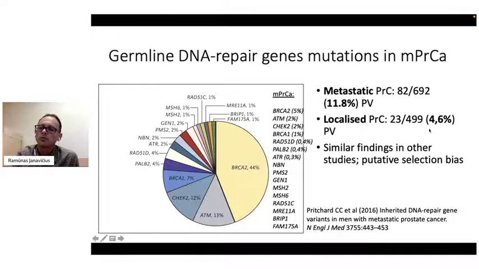And also important to know that about 5% of all localized cancer also harbors mutations in germline genes as well.